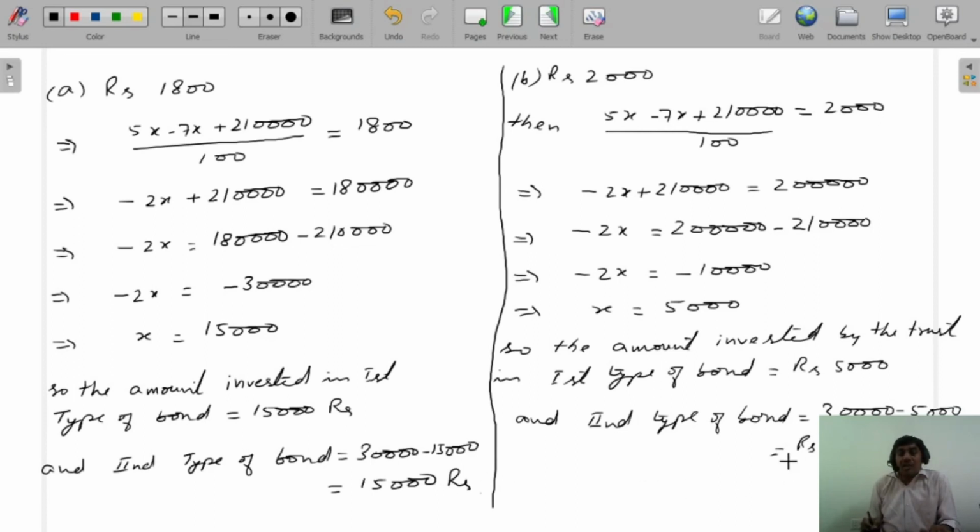So the trust invested 5,000 in the first bond and 25,000 in the second type of bond.